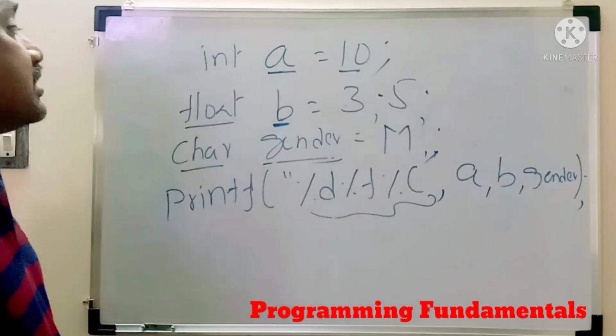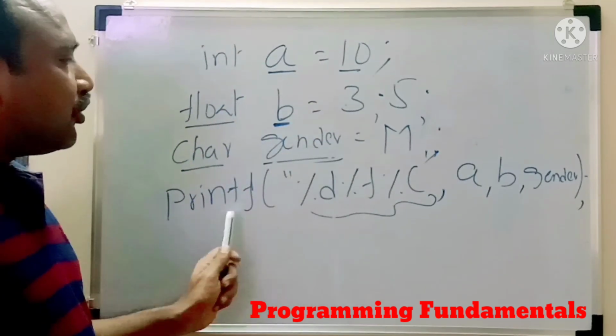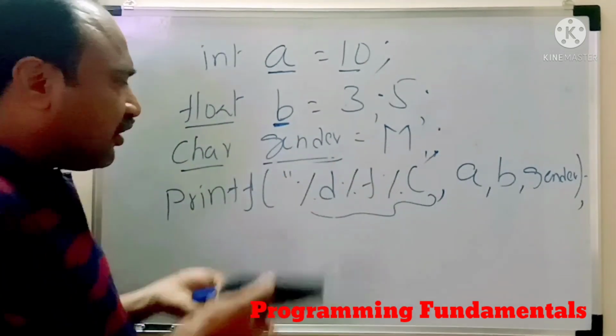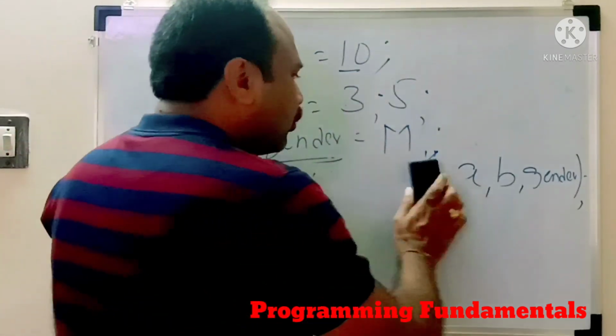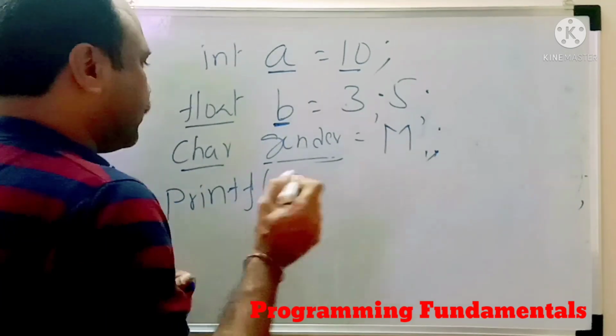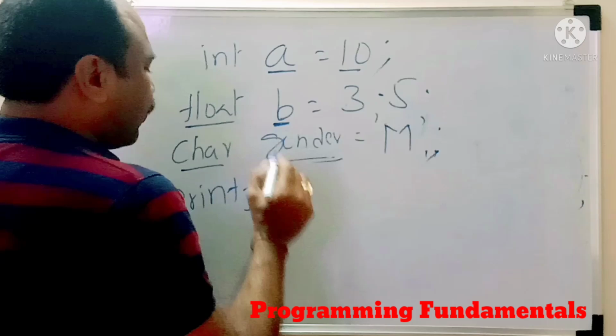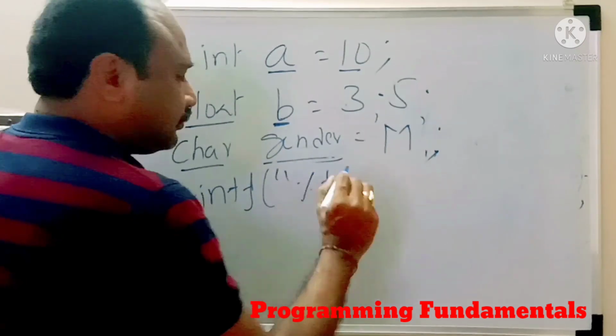Sir, here first you are printing the integer value, then the float value, then the character value. Sir, first I will print the float value. You can, there is no need to write in the same order. Sir, first I will print the float value, that is the b value. B is what value? Float value. Use %f.